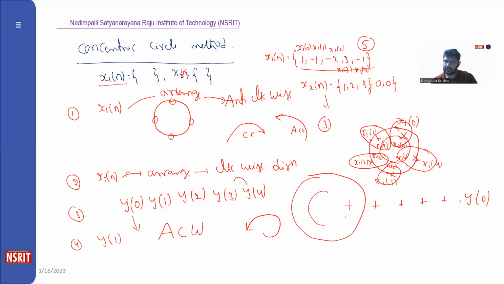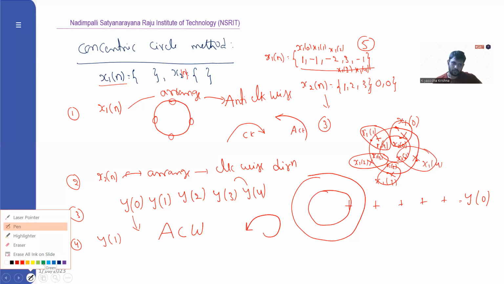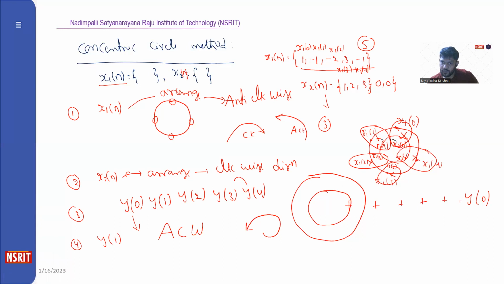This is the inner circle we have. Where x2 of 0 here, you have to replace x2 of 0 in place of x2 of 4.